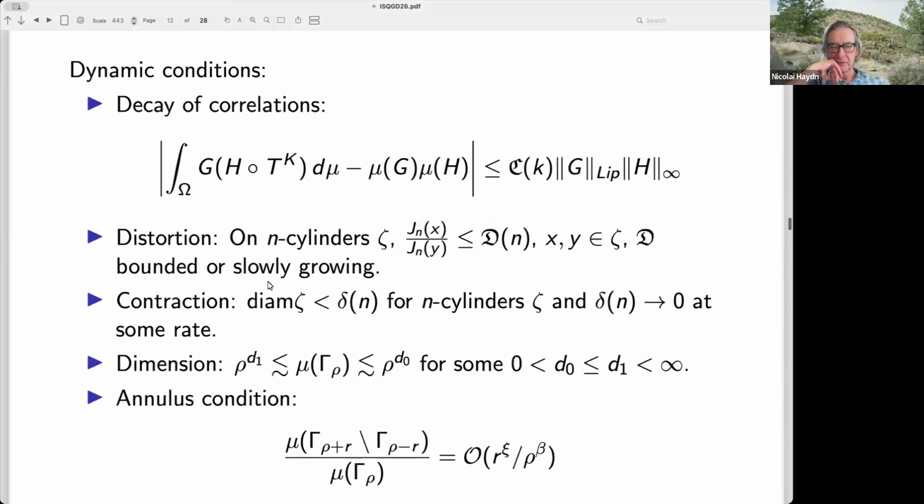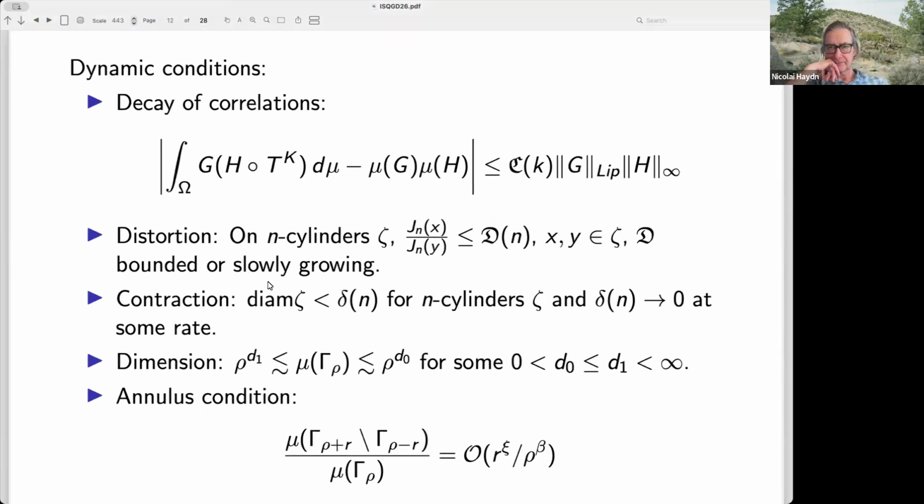Then we have some dynamic conditions. We want some mixing condition, decay of correlation in that case. The C of k has to decay in some polynomial way, good enough, depending on some other parameters and on how bad other things can be. Distortion on these cylinders should not be too bad. Classically, you would assume boundedness, but it doesn't have to be.